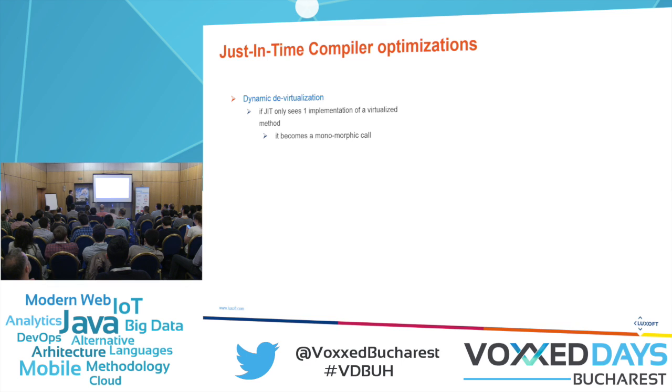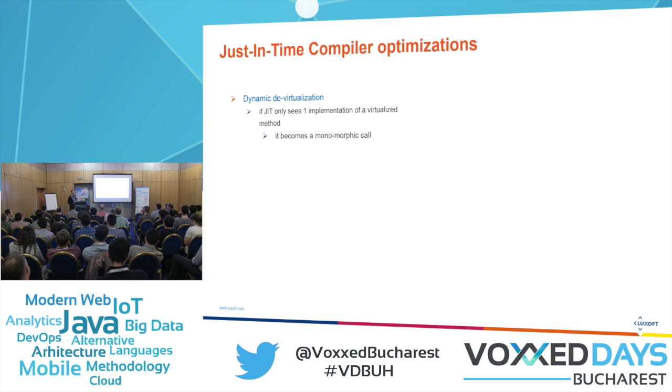What it means. For example, during the runtime, if there is one interface that is implemented by one class, and the just-in-time compiler sees only one implementation for that interface, it switches from a virtual method call to a monomorphic call.